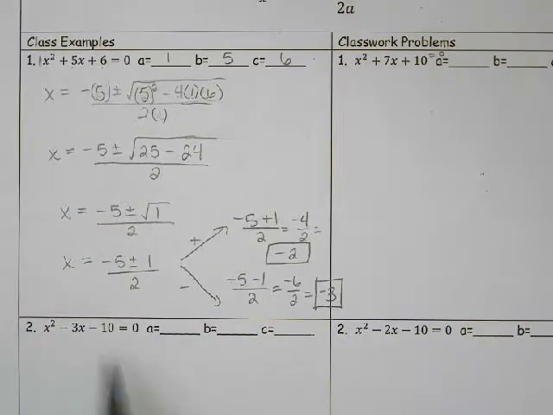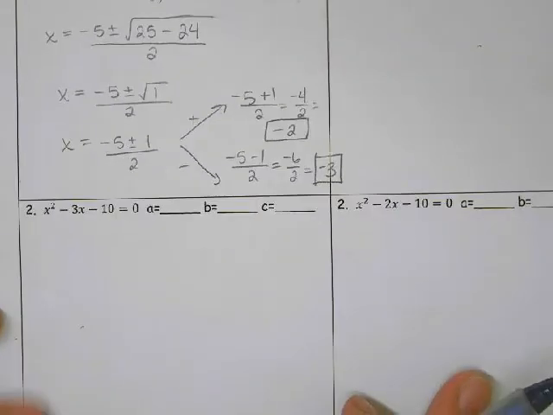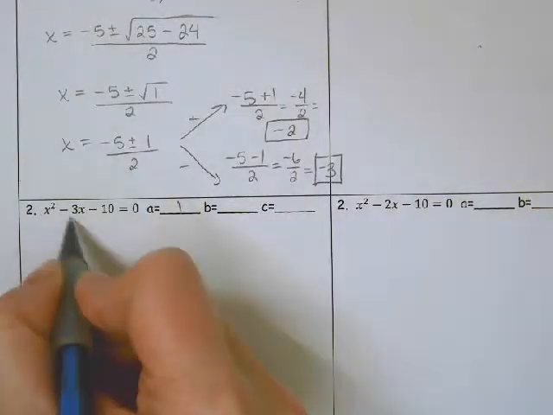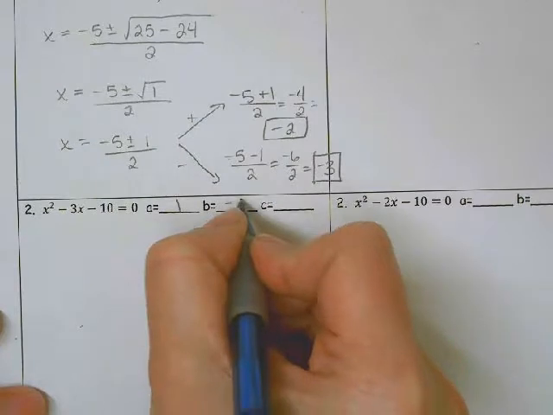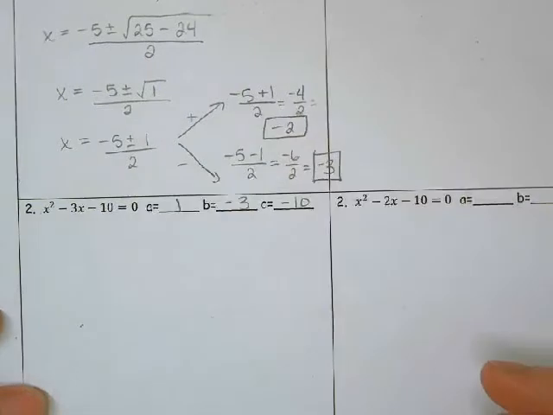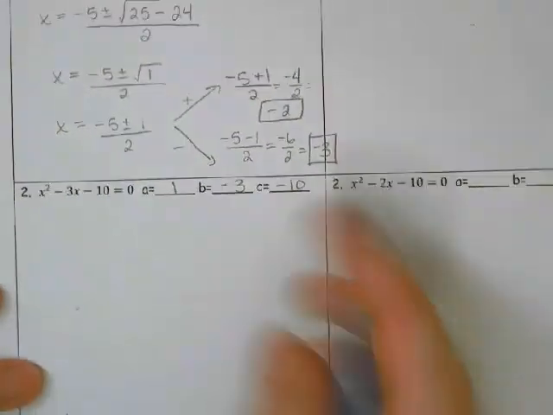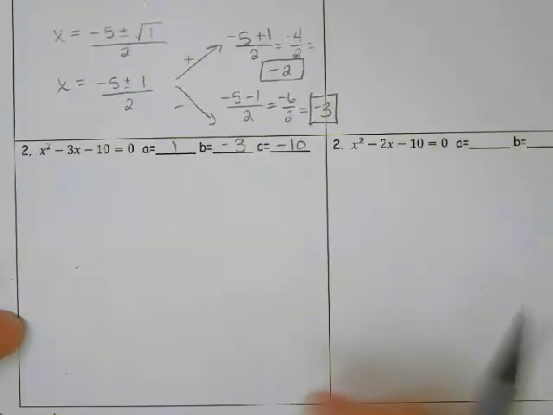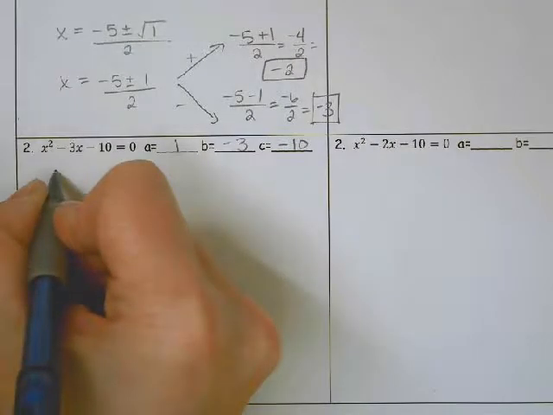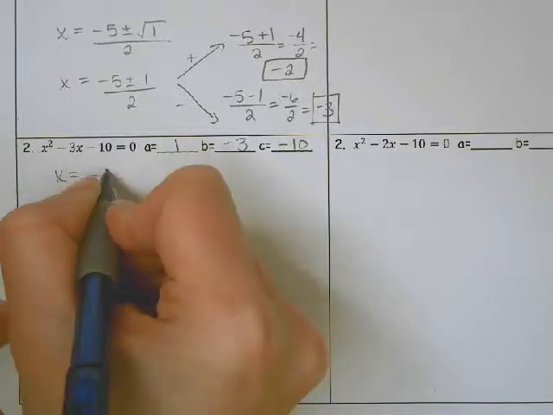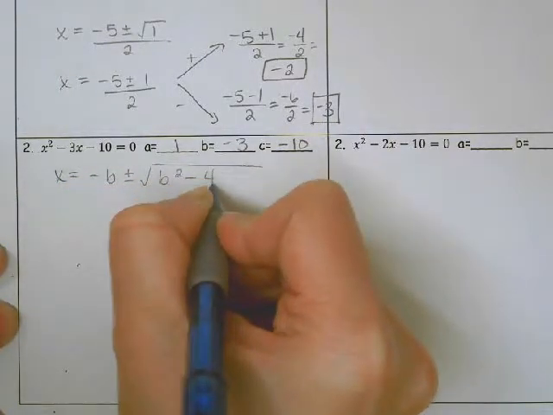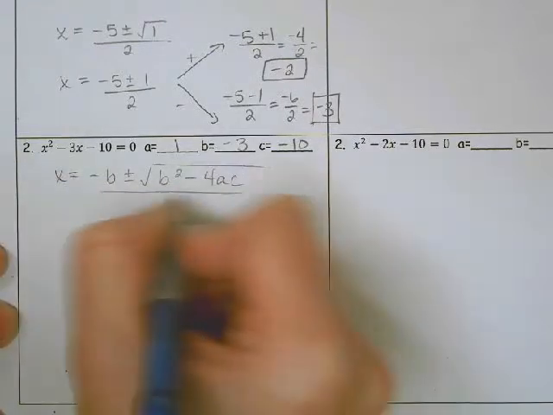Second one is very similar. I'm not going to do the whole problem with you. And watching out for those negatives. Actually, I'll plug in with you. The square root of b squared minus 4 times a times c, all divided by 2a.